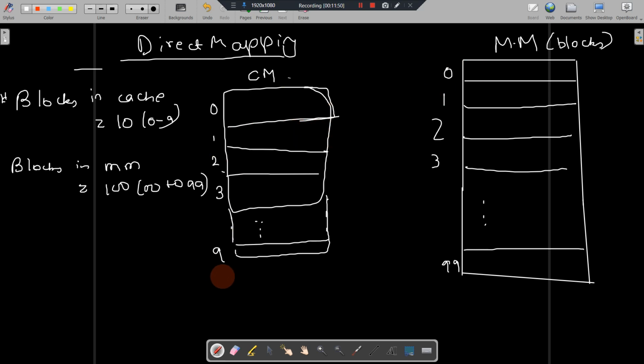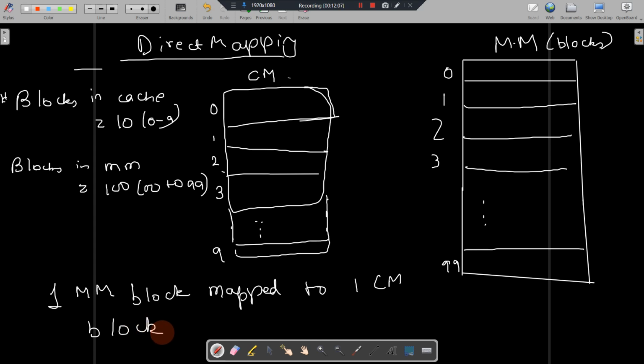So let us say that one main memory block is mapped to one cache memory block, based on how we are deciding.